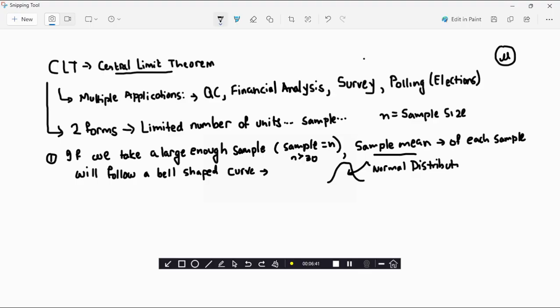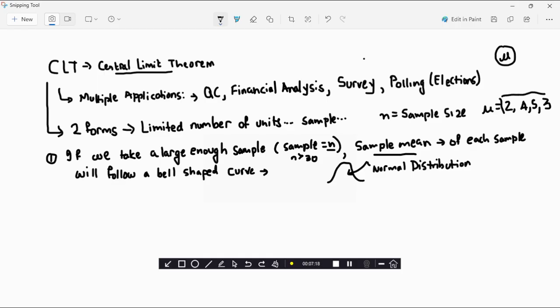And that's the reason why we use the functions relevant to normal distribution on your TI-84, which we're not going to talk about in this video. So this is your normal distribution. If you take a large enough sample, a large enough n, and figure out the sample mean of each sample, let's say you take 50 samples, and let's say the mean of each sample is as follows: 2, 4, 5, 3, and so on and so forth.